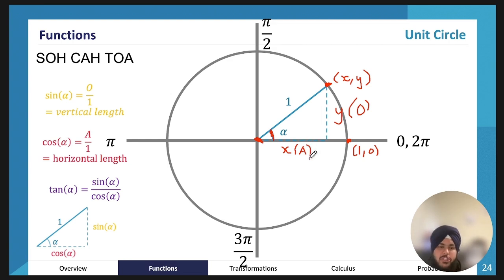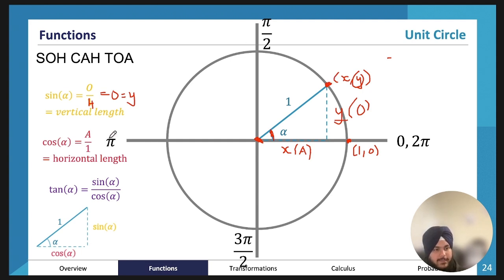Now, if we think about it in terms of sine and cos, we know that sine alpha is equal to opposite over hypotenuse. And hypotenuse is 1, so it's just going to be opposite. And the opposite side is just y. So therefore, sine of theta is equal to the y coordinate at this particular point.